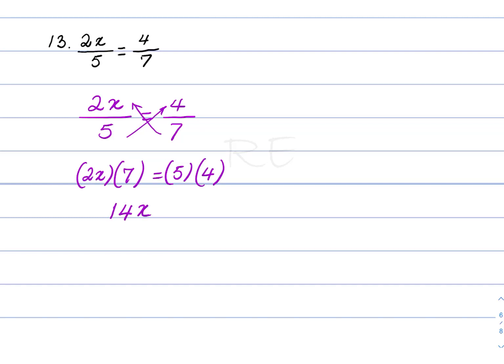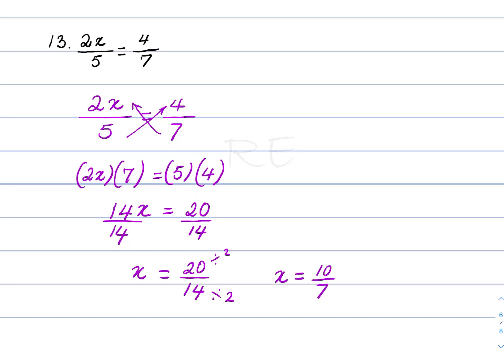Therefore, 14x is equal to 5 times 4, which is 20. Divide both sides by 14 to isolate x. x is equal to 20 over 14, which when divided by 2, 20 divided by 2 and 14 divided by 2, is reduced to 10 over 7.